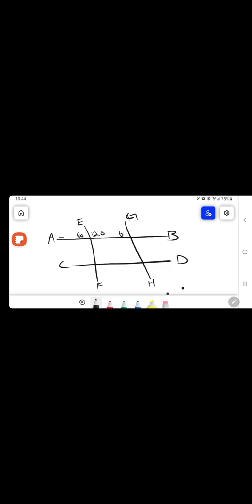So that means that's going to be 60, and that's going to be 120. This and this are alternate interior angles, so that's 60, right? And this line is not very good. Let me fix this line. It should be a better angle.